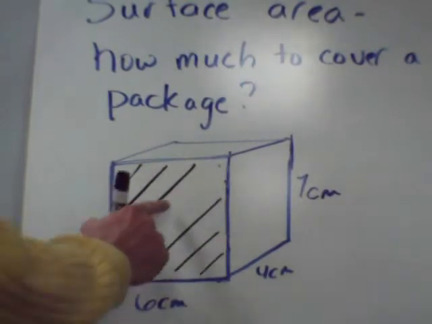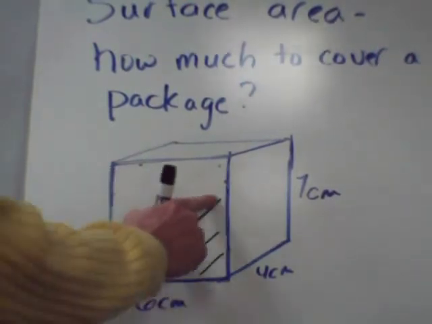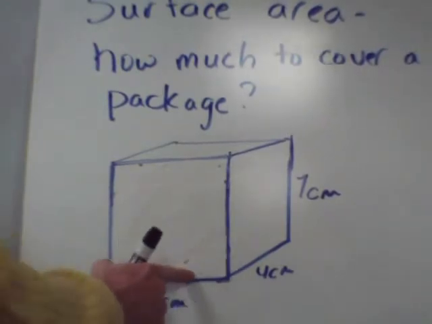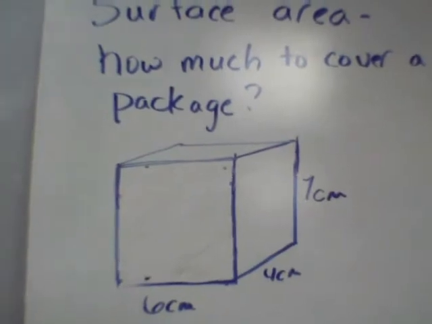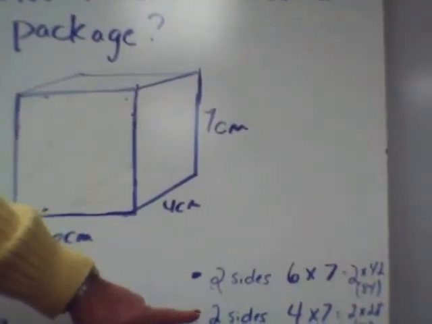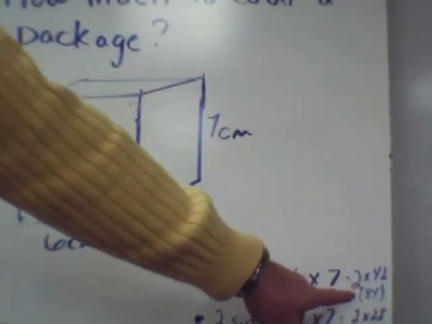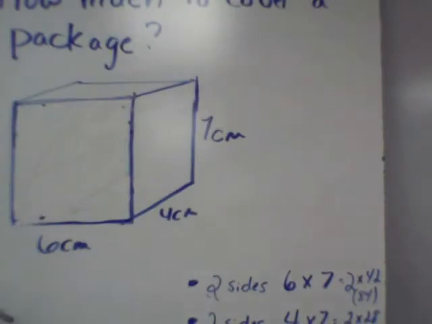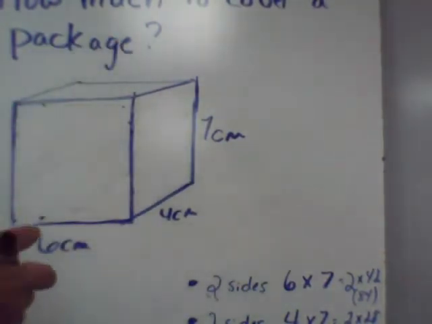So if I do that, then I know 6 times 7 is 42 centimeters, and I have 2 of those sides. I have a front and I have a back side, which we cannot see. So I'm going to make a little chart over here, and I've got it written down. 2 sides at 6 by 7, which is 2 times 42, which is 84. So 84 centimeters to cover this side and the back side, which I cannot see.